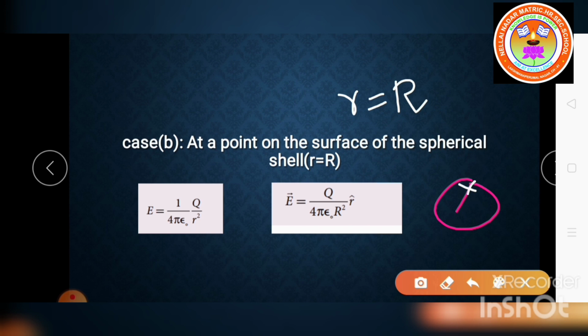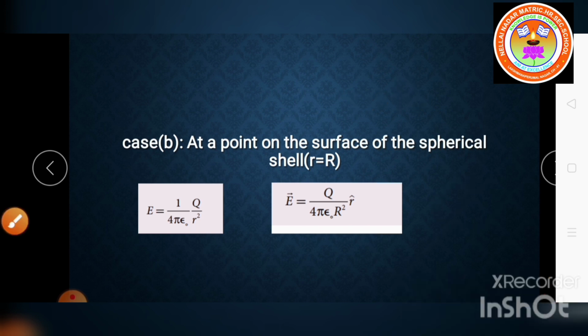When the distance r is equal to capital R, we already calculated the formula for electric field. So in the place of r, it is now replaced by capital R. We can write the equation E is equal to 1 by 4 pi epsilon q by r square for the magnitude.